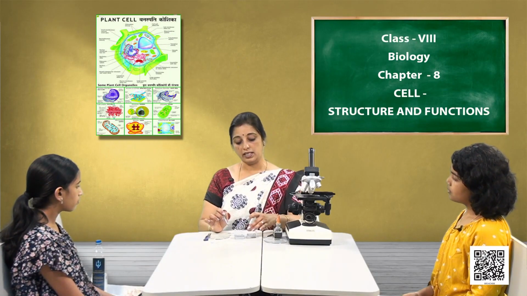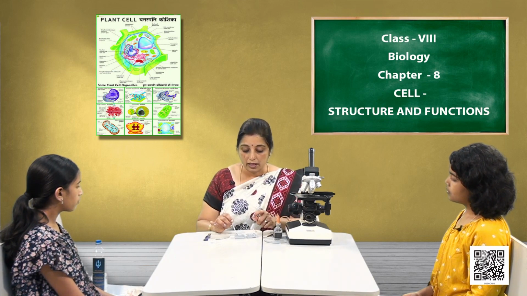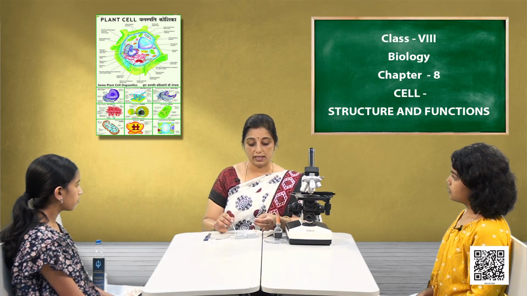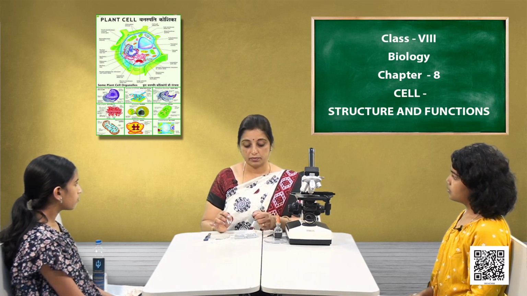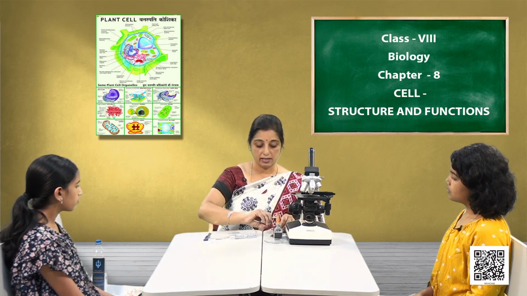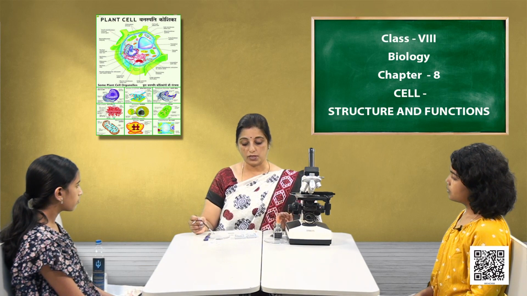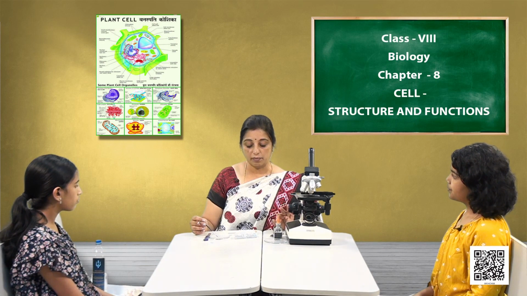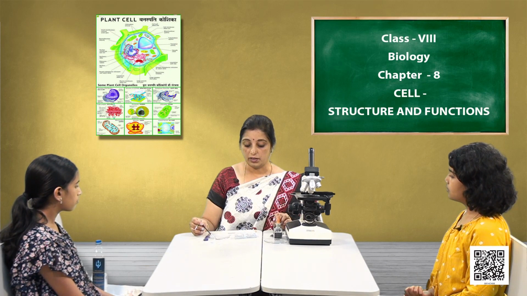The purpose of staining any peel is to enhance the parts. So what parts does a cell contain? You know that a cell contains a membrane, a nucleus and a cytoplasm. If you want to see all 3 parts very clearly, it becomes necessary to stain it so that the nucleus gets stained and becomes conspicuous.